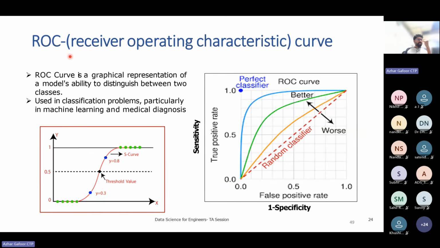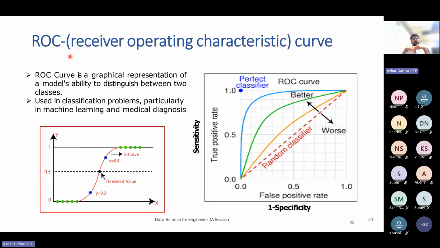It is a graphical representation, a simple graph, that shows how well a yes or no machine learning model or a test can tell things apart. Our classification is a yes or no machine, so it's either true or false.